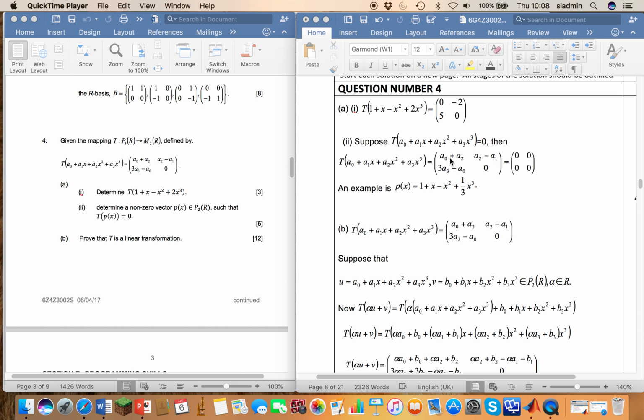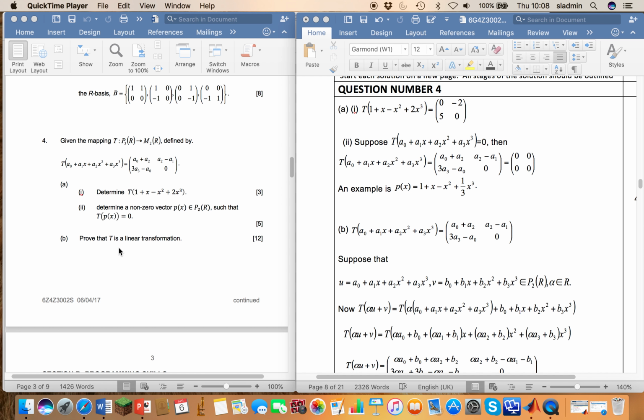So we need a0 plus a2 to be 0, we need a2 minus a1 to be 0, and we need 3a3 minus a0 to be 0. So you'll see that a0 is 1, a1 is 1, a2 is minus 1, and a3 is 1/3 satisfies this condition. So here is an example of a non-zero polynomial which maps to 0. And of course you should all know that T of the zero polynomial would also map to 0.